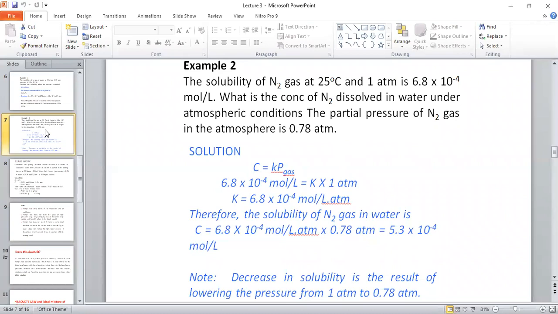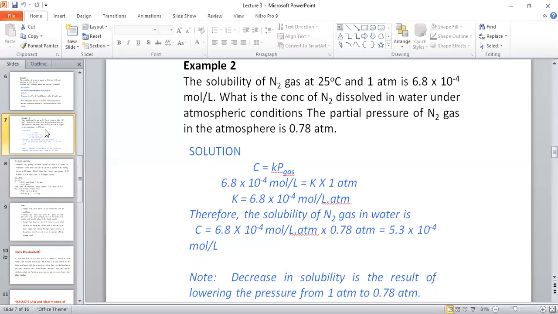You can see from here that the decrease in solubility is a result of lowering the pressure from 1 atmosphere to 0.78 atmosphere. What I mean is, in this example 2, at 1 atmosphere the solubility of nitrogen gas is 6.8 times 10 raised to power minus 4 molar.